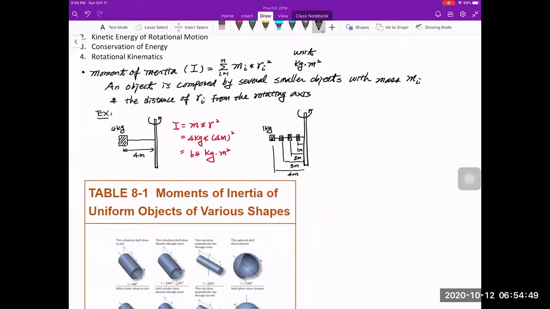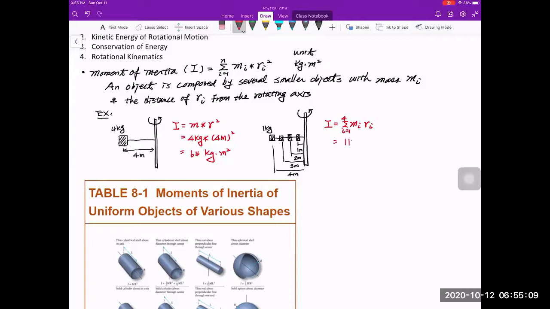So if we want to calculate the moment of inertia in this case, this moment of inertia will be equal to a summation of m_i r_i squared, where i is equal to 1 to 4 because I have 4 different elements. And then you can simply multiply them together.